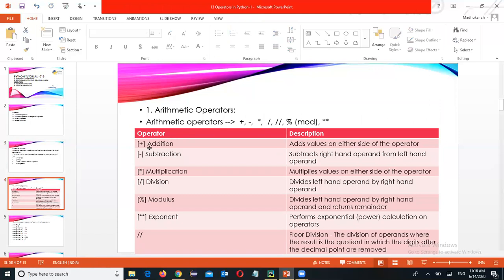We have plus for addition, subtraction, multiplication, division, mod, exponent, and this one is called float division.